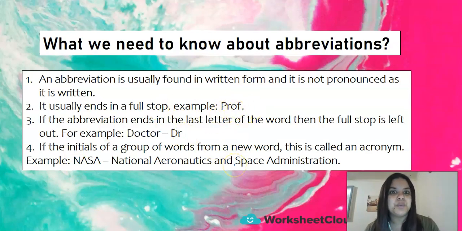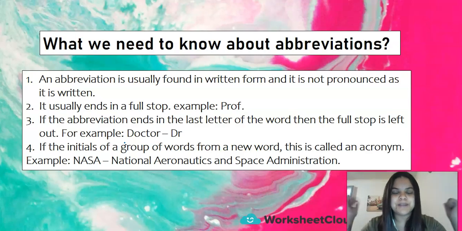But here's the important part, grade 4s. Not all the time does the abbreviation end in a full stop. And I'm going to explain it to you now. If the abbreviation ends in the last letter of the word, then the full stop is left out. For example, doctor. Okay? So what does that mean? And I'm going to be honest with you.